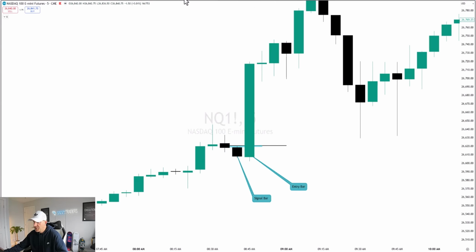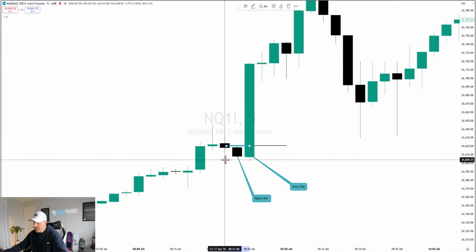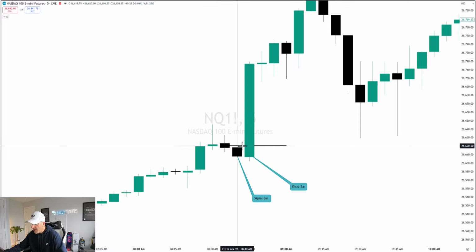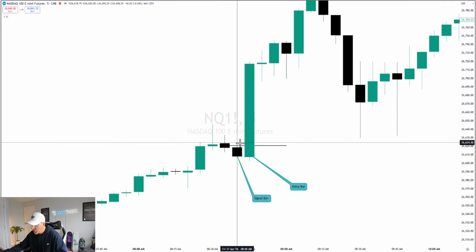Okay, but it doesn't do that. It crosses that candle high, showing us that the dip right here, buyers are stepping in. The dip has been bought, right? So the signal bar signals us that there's a trade coming, and the entry bar is where we take our entry. Now the entry is when we cross that signal bar high.